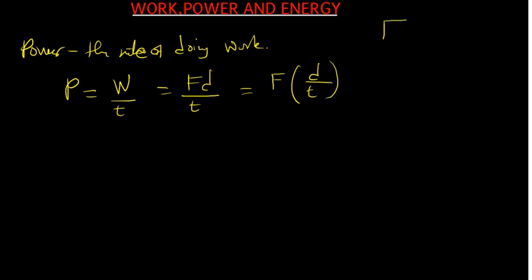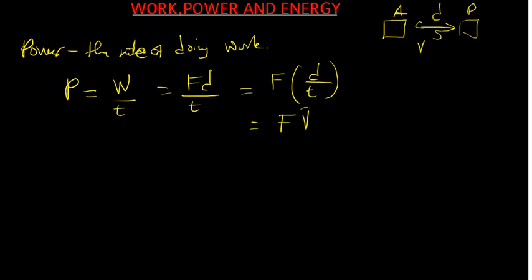When you've been given an object which is at position A and then it goes to position B, there is this change in distance here, d, which we can also say s as displacement. So distance over time gives us what we call velocity. Velocity is distance over time. So whenever you divide distance by the time, that gives you velocity. And so that means that power is also force multiplied by velocity.